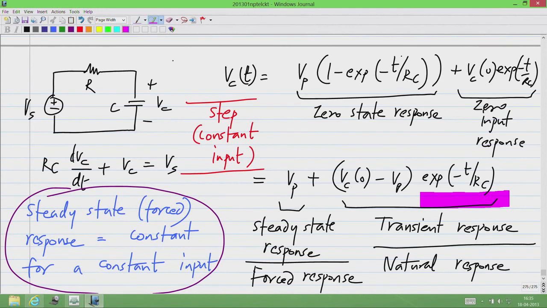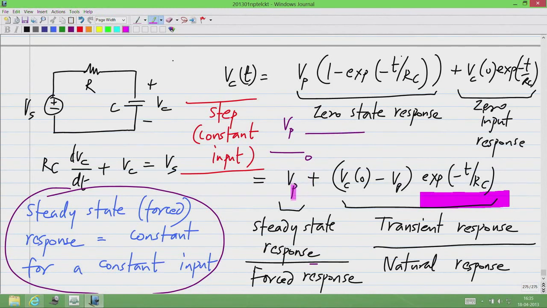What I mean is the input changes from 0 to Vp, that is, the input is basically Vp after t equal to 0.